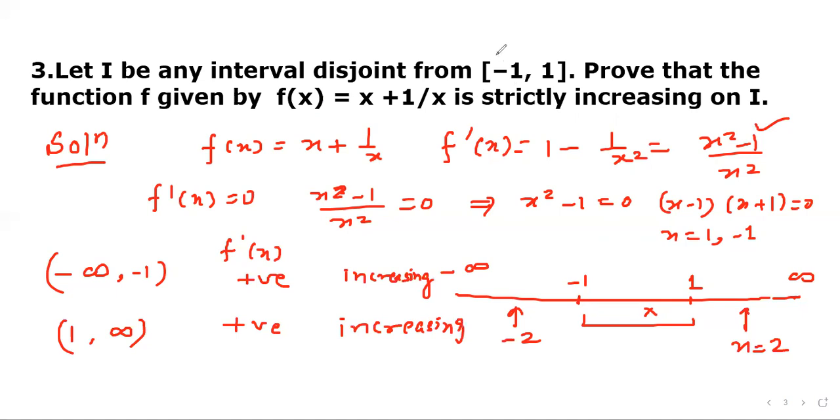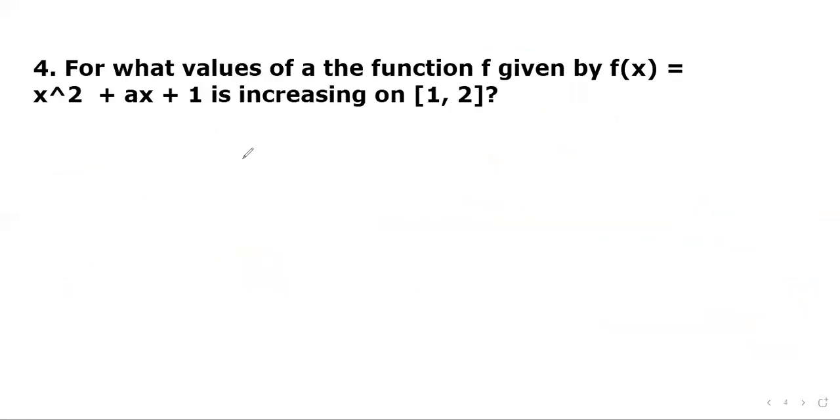So here, if we exclude this interval, then we get this function increasing, which is our purpose. Now, question number 4. For what values of a, the function f given by f(x) equal to x squared plus ax plus 1 is increasing on 1, 2. Let's see.